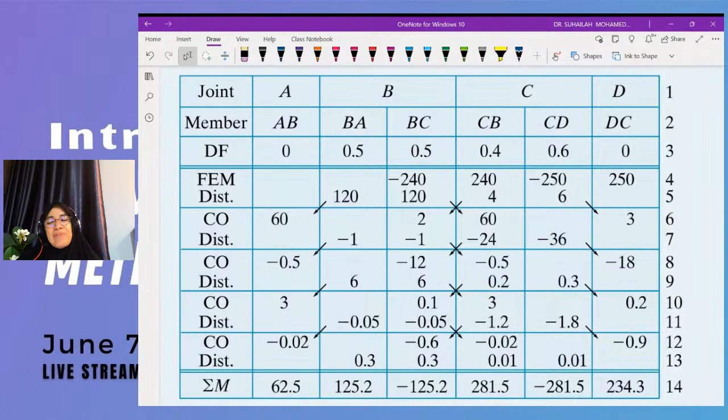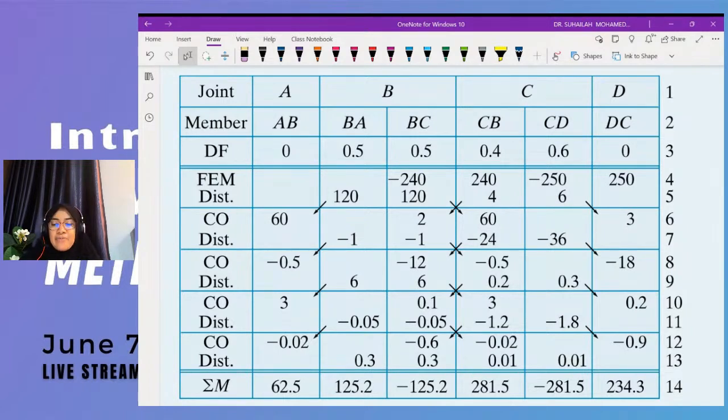Okay, we have to list all the members. So 3 members, 6 ends. So we have AB, BA, BC, CB, and CD, DC. And there are 4 joints: joint A, joint B, joint C, joint D. And after that, for each member, we have distribution factor.